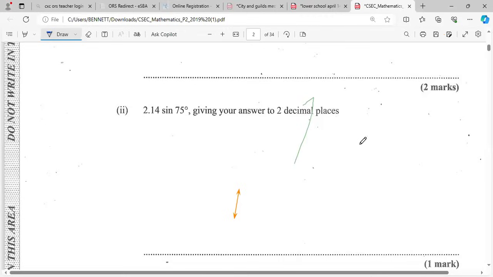Yeah, Paris. So this is a nice free mark, right? Why do I say free? You can literally punch it in your calculator and get the answer. So if we get something like this, it shouldn't be a problem.